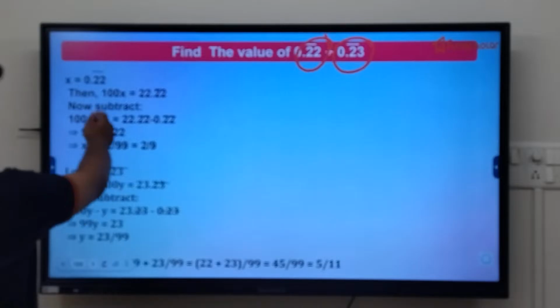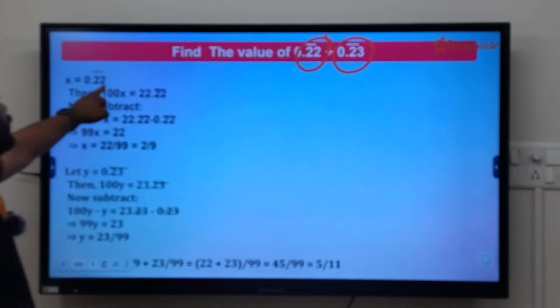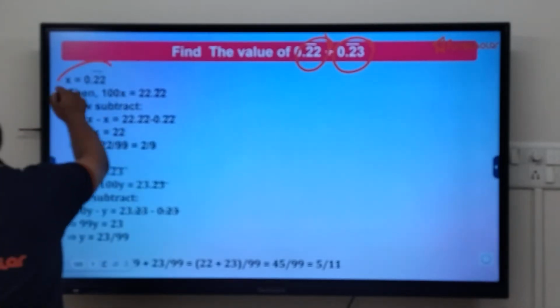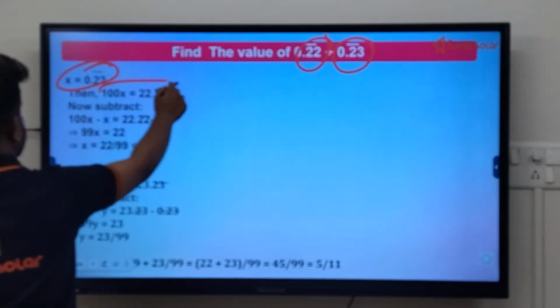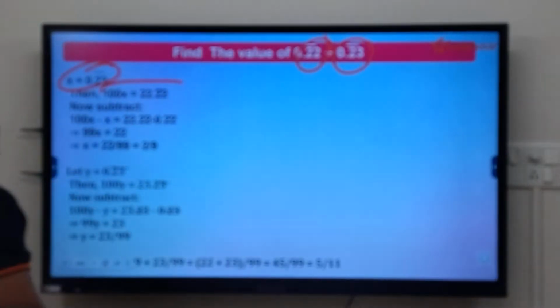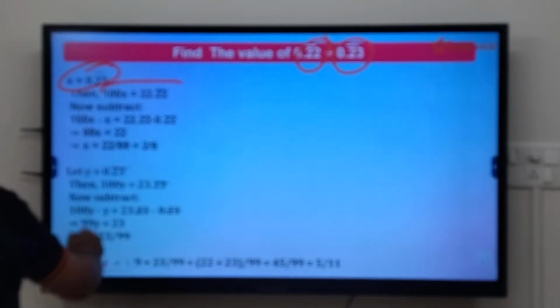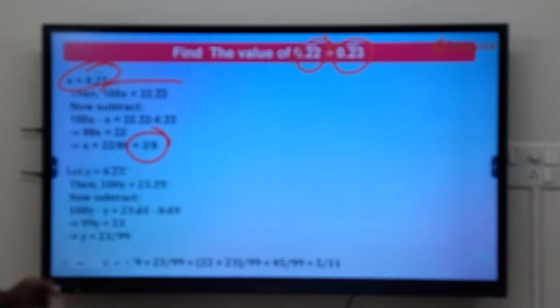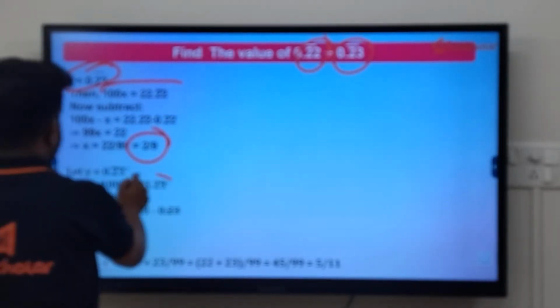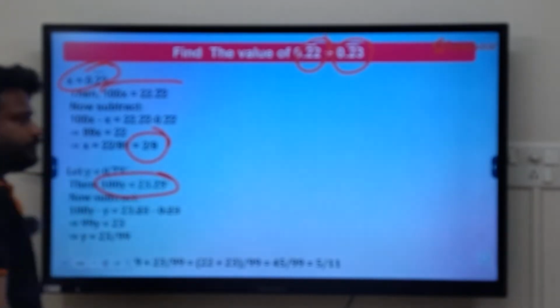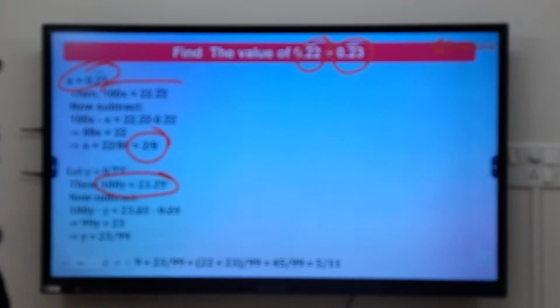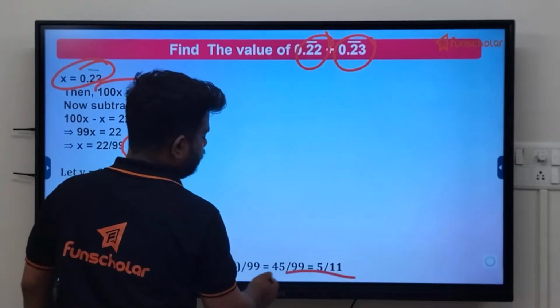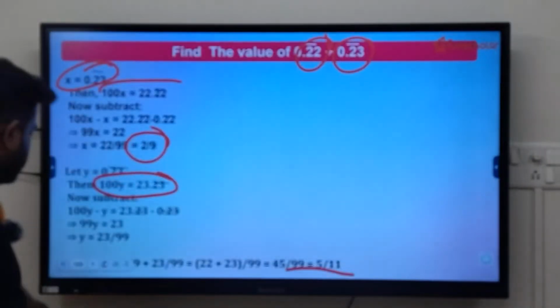We let x equal this one, then 100x is equal to this. Now we just subtract and find the value. We apply the same process in the rest of them, and the answer will be 5 by 11, right?